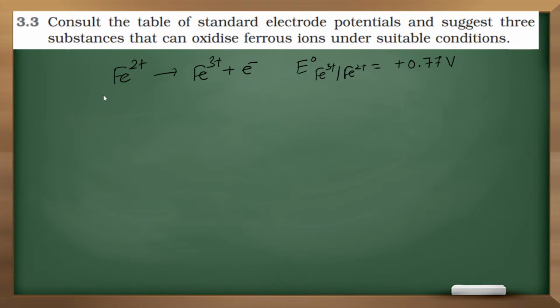So any electrode above it can oxidize, like silver. What is the value for silver? Silver's value is plus 0.80. That means silver can oxidize.